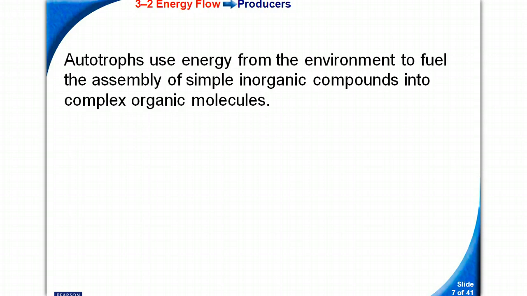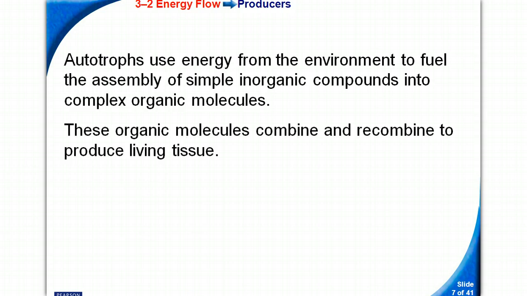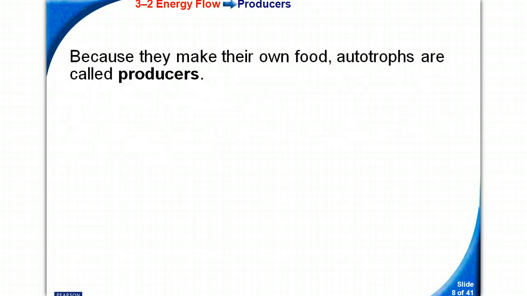Autotrophs use energy from the environment to fuel the assembly of simple inorganic compounds into complex organic molecules. These organic molecules combine and recombine to produce living tissue. Because they make their own food, autotrophs are called producers.